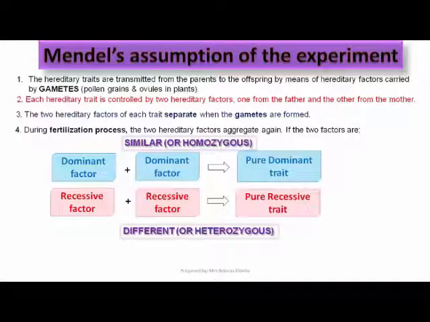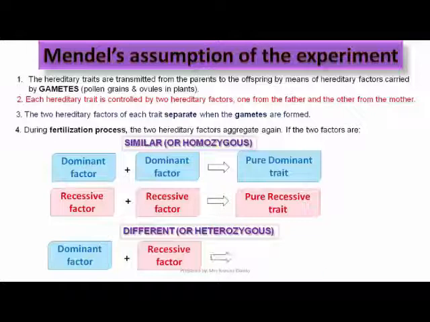However, it can also happen that there is an aggregation between two different factors, or heterozygous. In this case, if there is the aggregation of a dominant factor plus a recessive factor, the result is going to be the pure dominant trait. This means if I have the aggregation of two different plants, the first plant has the dominant factor, so it will have a seed in a yellow color.